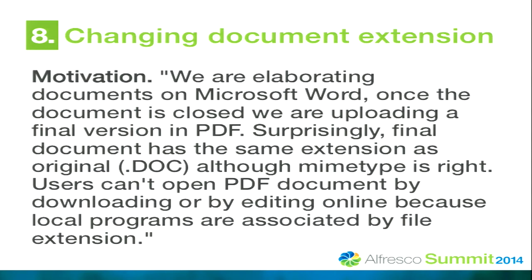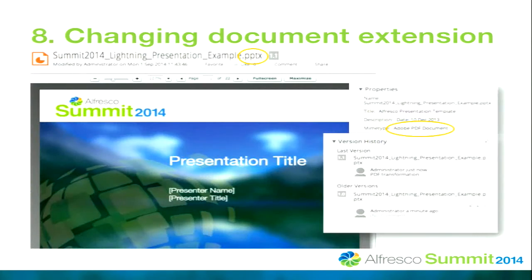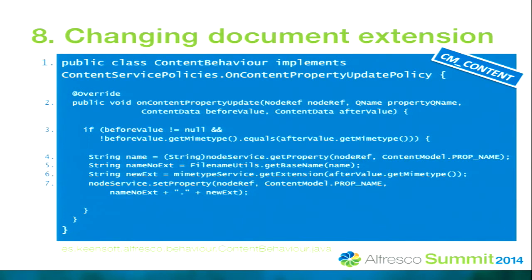The MIME type has changed, but Alfresco does not change the name. So you have a PowerPoint presentation, then you have a PDF, but the extension is still a PowerPoint extension. So the user downloads the document, and the computer tries to open it in PowerPoint, and it gets a bad experience.